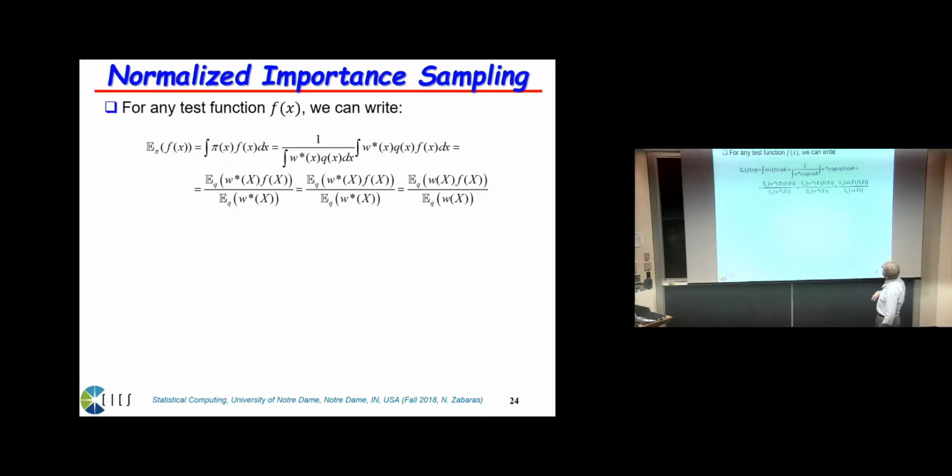And, you know, if you play with the algebra, you will see this is really equal, again, to the ratio of the expectation with respect to q of w times f and the expectation with respect to q of w, okay?